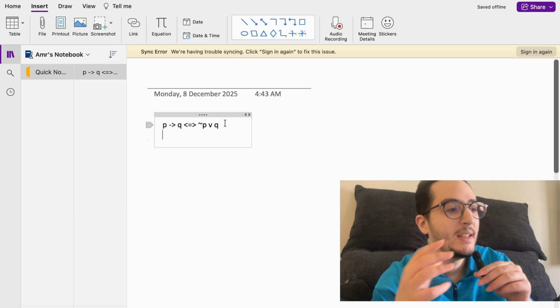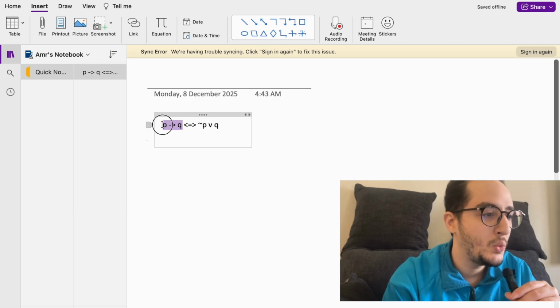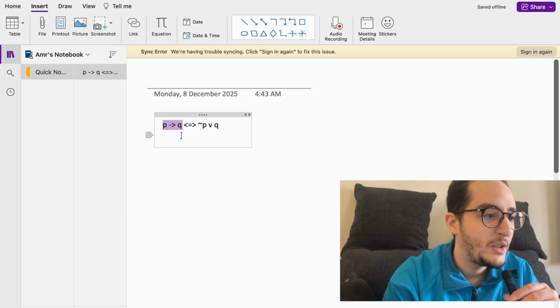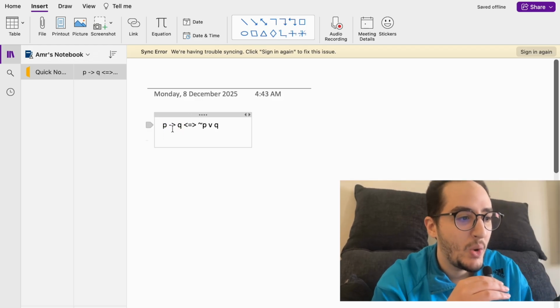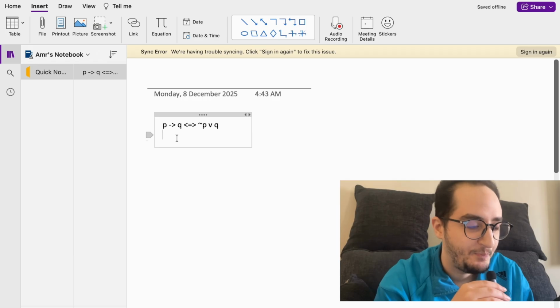So basically, P implies Q is a statement that we are going to mean that whenever you have P, you have Q. Whenever you have P, you must have Q. It's a necessity.